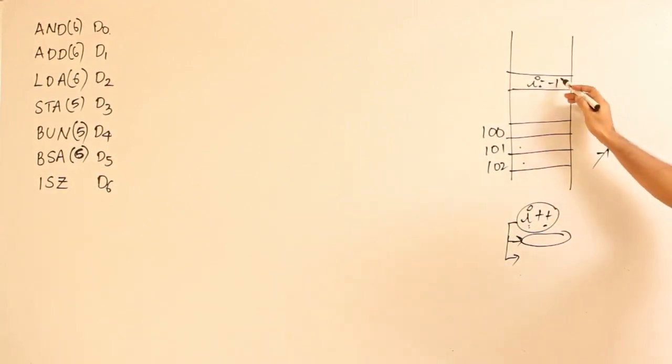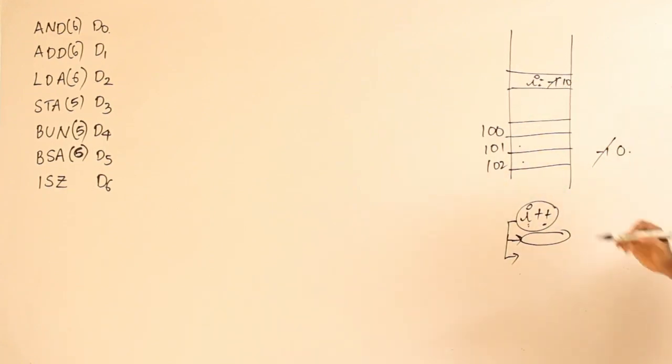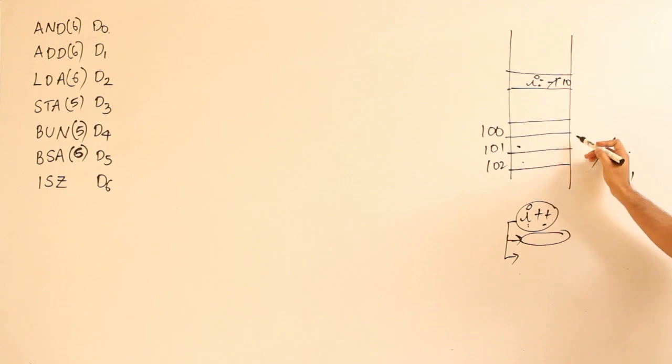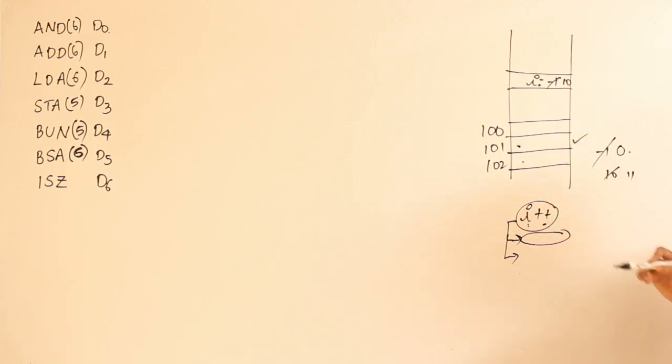In case I is, let us say 10, then I'll increment it and it will become 11, so I will not skip the next instruction, I'll just execute 101. Therefore, whether to execute 101 or not will depend on what the value of I is. If I happens to be -1, it will not be executed. If I happens to be any other number, it will be executed.